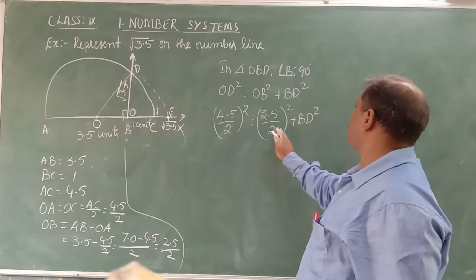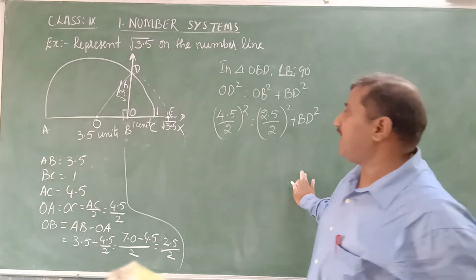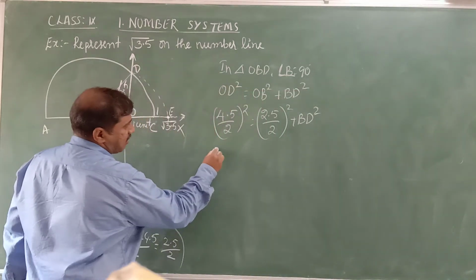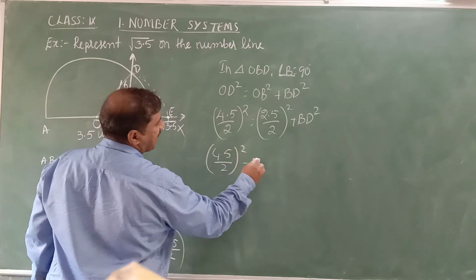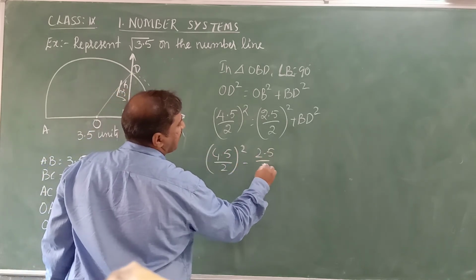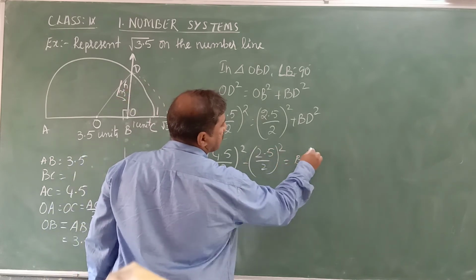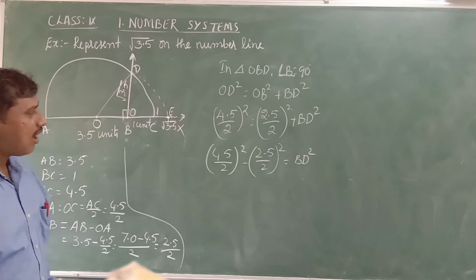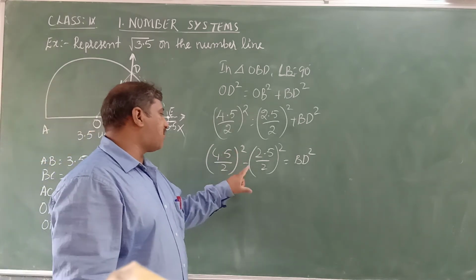Now transpose 2.5 by 2 whole square to the other side so that we can find BD square. Now what do we get? 4.5 by 2 whole square minus 2.5 by 2 whole square is equal to BD square. Now it is in the form of A square minus B square.